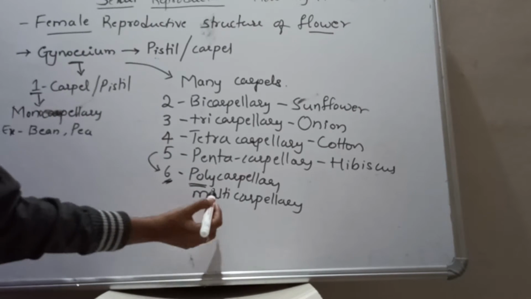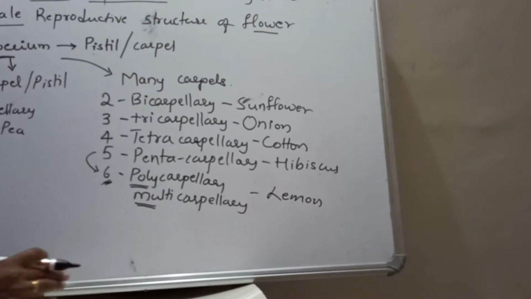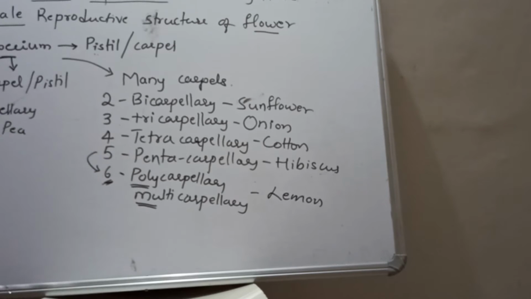Poly means more, multi means more. Both are the same. For example, lemon and orange have more than 5 carpels.